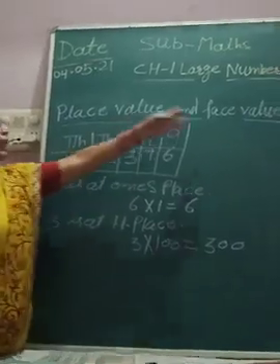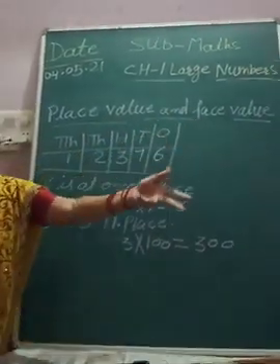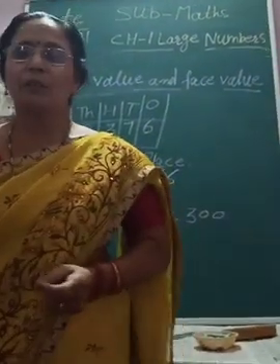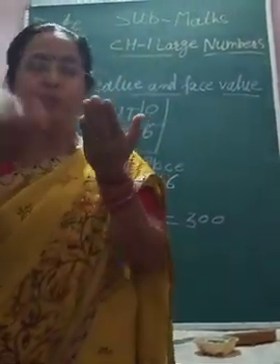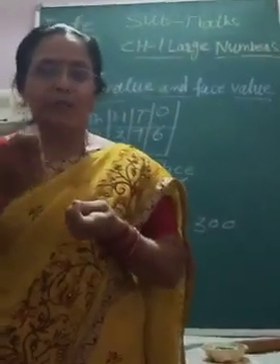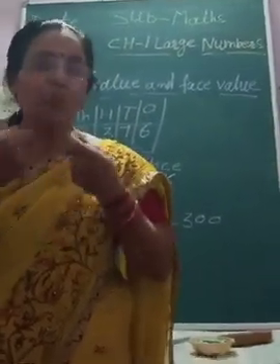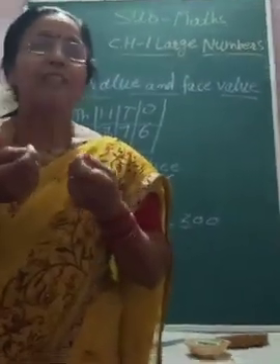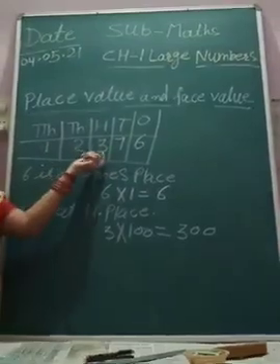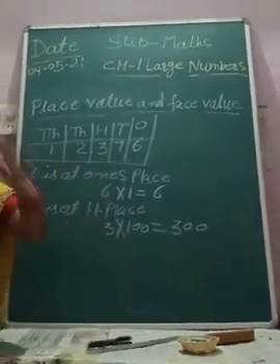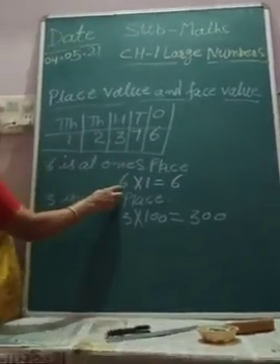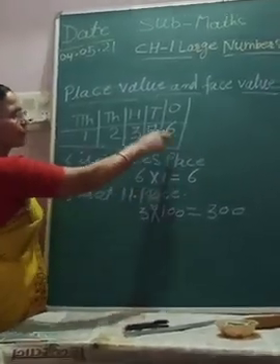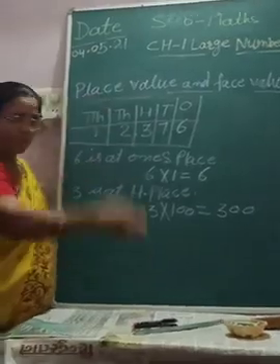Now the question arises, what is face value? When you are ready to come to school and you comb your hair in front of the mirror, what do you say? You just see your face, not others'. It means the face of each digit remains the same. If I ask you the face value of 6, it will be 6 itself.